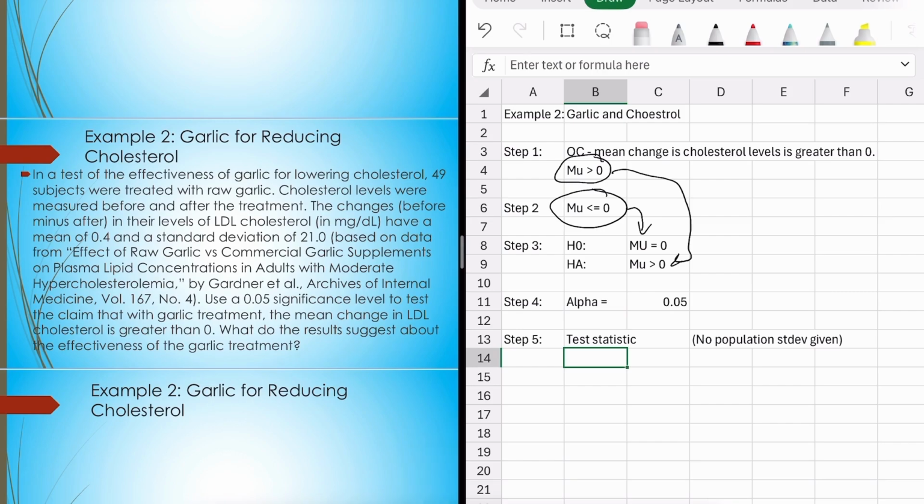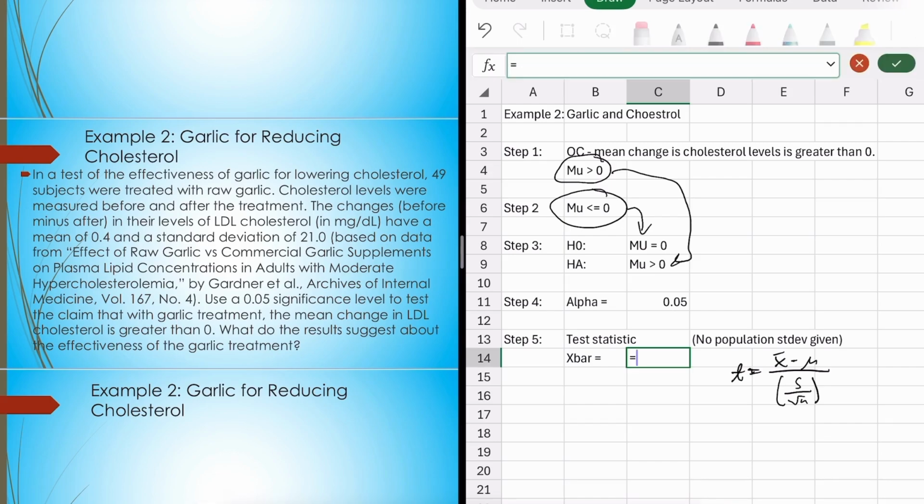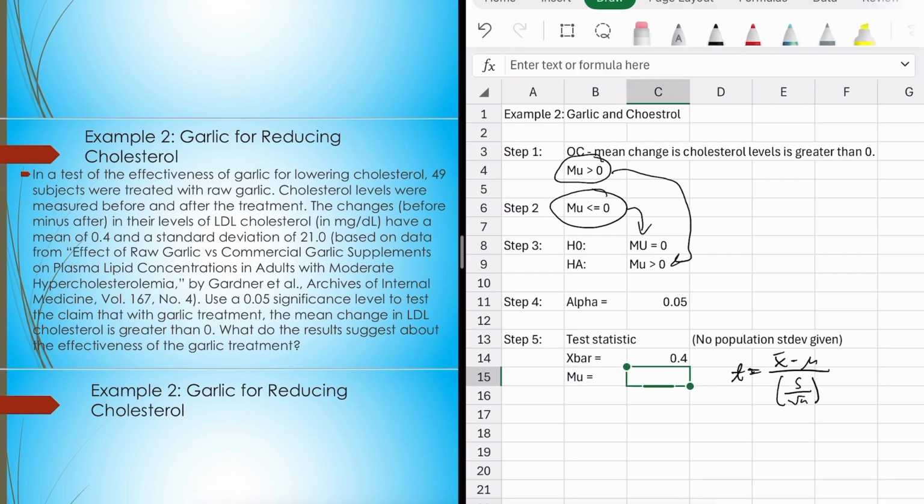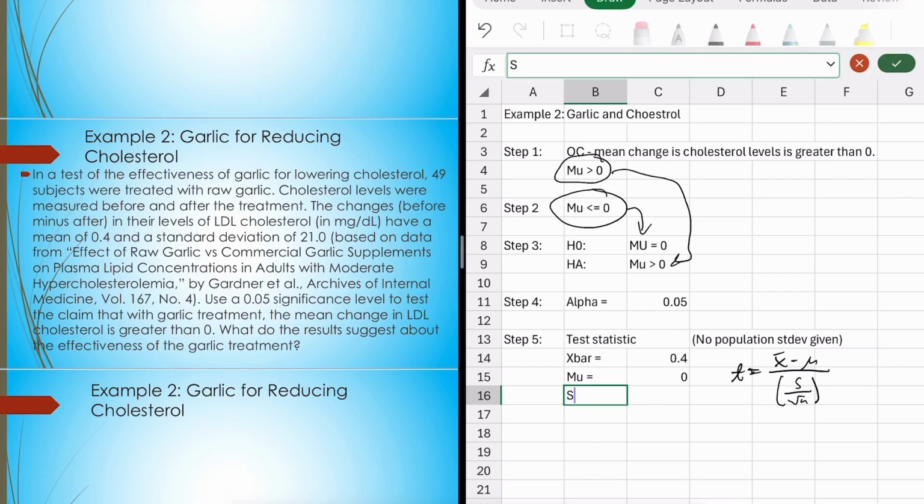All right. So the test statistic we are going to use is T equals X bar minus mu over S over square root N. We need X bar, and they give us X bar. The mean is 0.4, enter. Now we need mu. Mu, according to the null hypothesis, is 0. We assume the null hypothesis, so mu is 0. We need S, standard deviation of a sample.